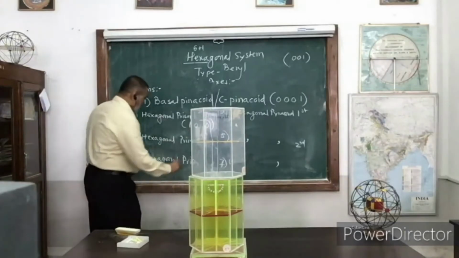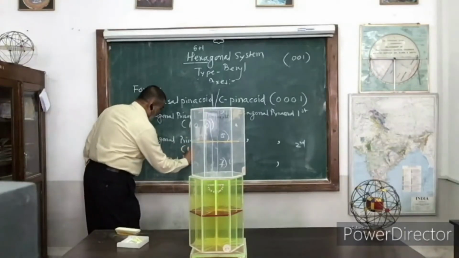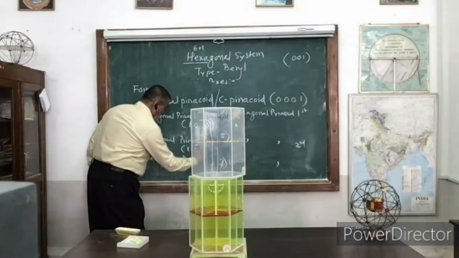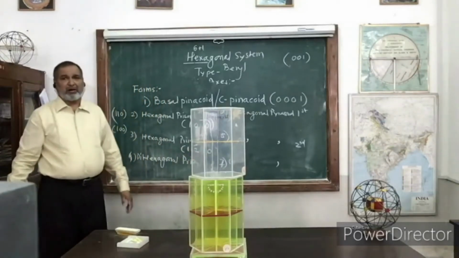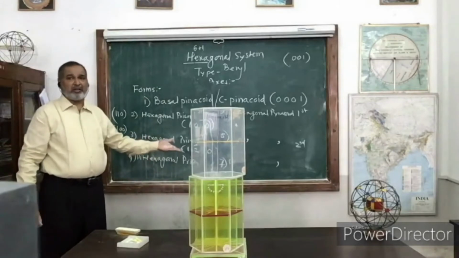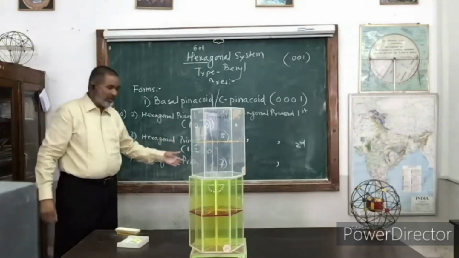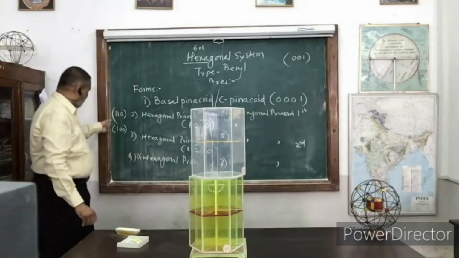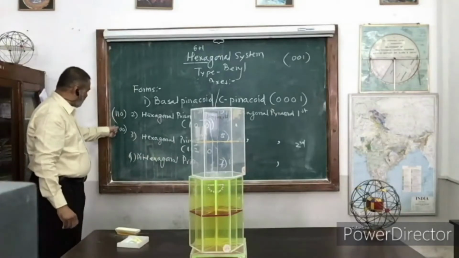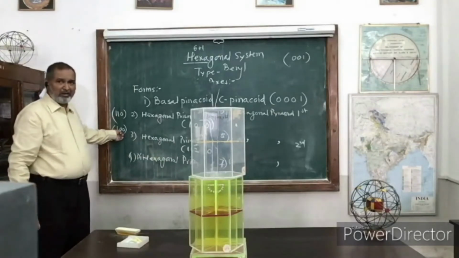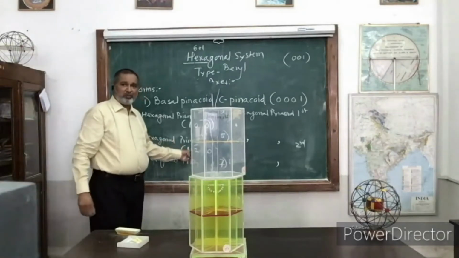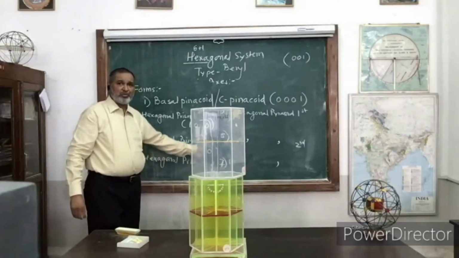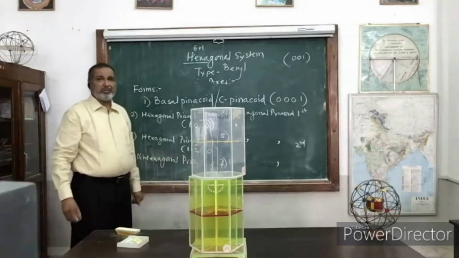So in this case, one more axis is going to cut and C will remain parallel. 1, 1, bar 2, 0. That will be only the reverse. In the hexagonal system, instead of the second order tetrahedral prism, where one axis, the B axis, remains parallel, here the B axis is going to cut. So 1, 1, bar 2, 0. That is the second order prism.